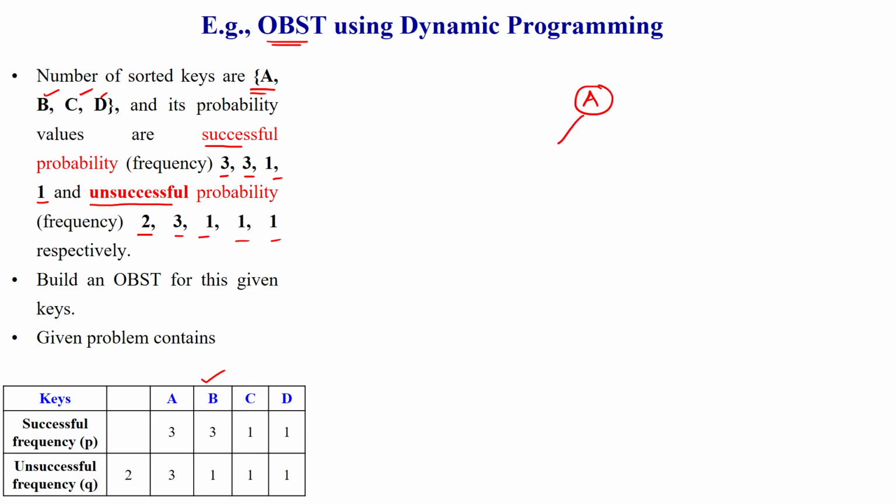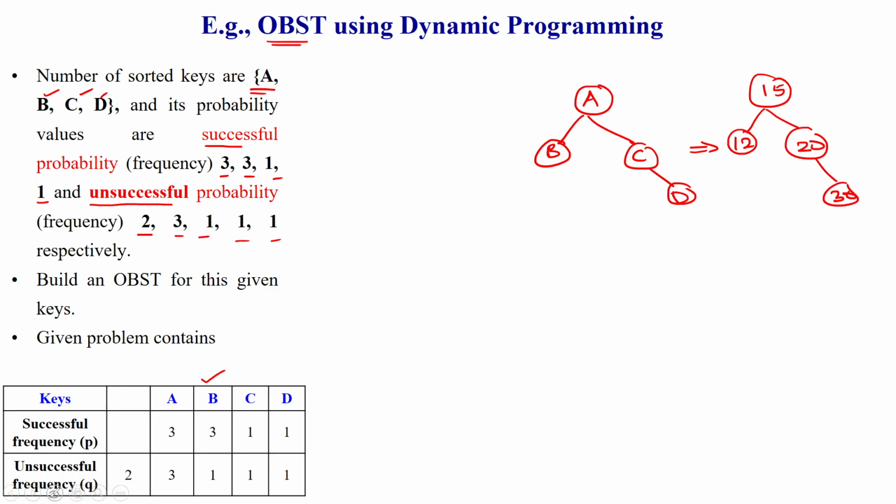For example, A, here I have B, then here I have C, then here I have D. For this I am substituting values: for A I substitute 15, for B 12, for C 20, and for D 30. Now when I am trying to find a value, my searching value is 12. So first I will check the root, I will compare with the root.